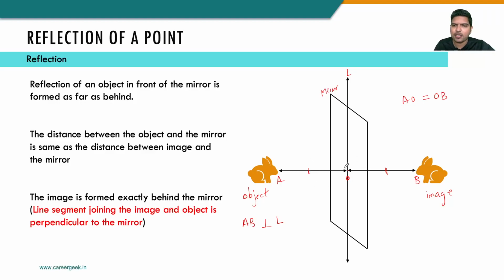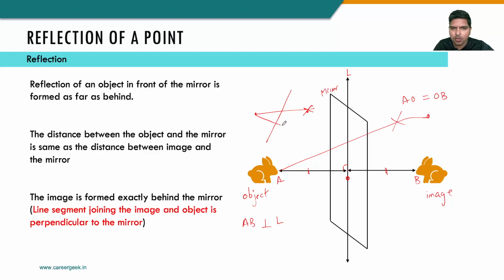The simple fact is, see, if you are here, your image is not going to form here, right? It will form straight. Now imagine if the mirror is like this and you are standing here, where is your image going to form? It's not going to form here, right?